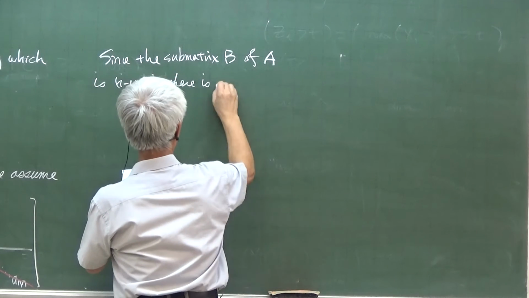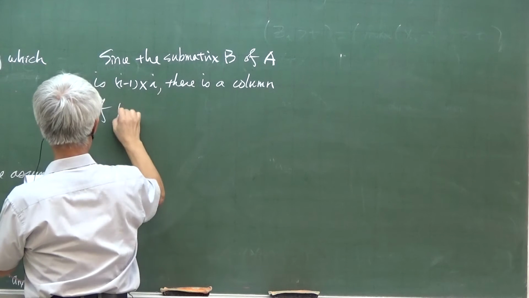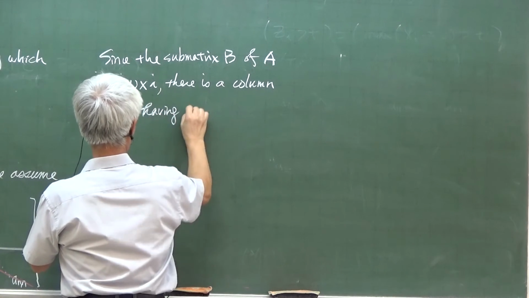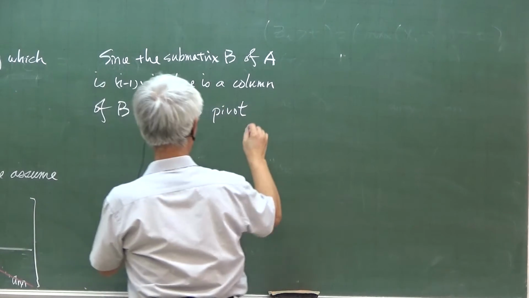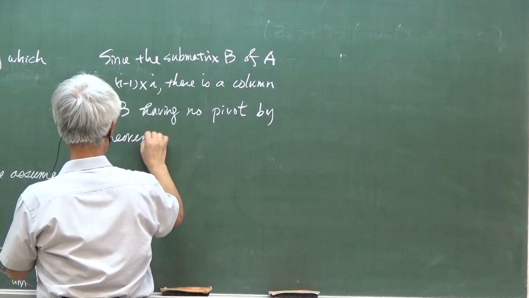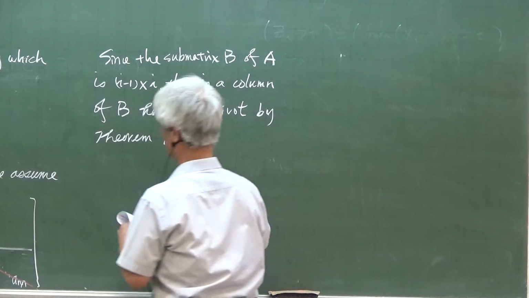There is a column of B having no pivot by theorem 1.3.7.